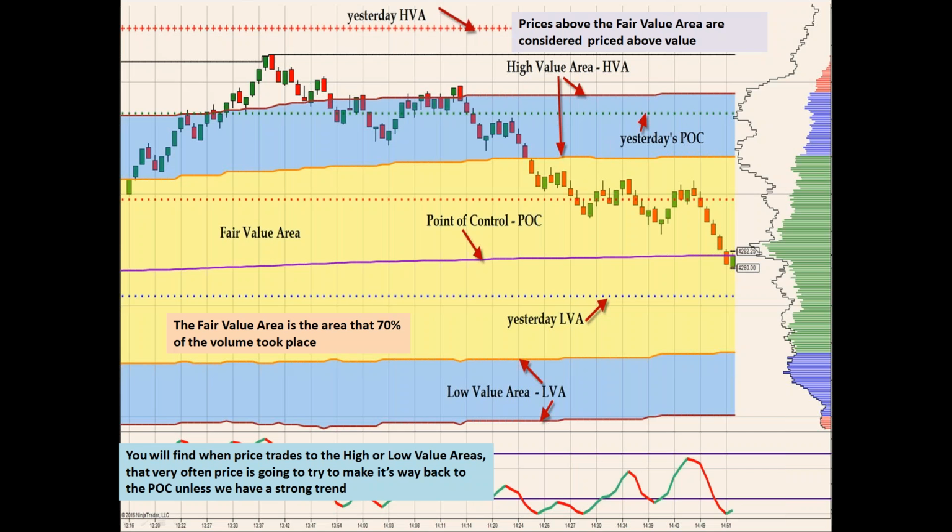This is a lot easier to look at for me. The colors are based on the market profile. I'm just going to go over what you're looking at here, and then jump right into a bunch of examples and how I like to trade them. The yellow area is the fair value area.